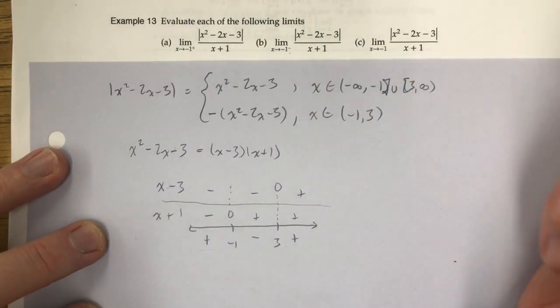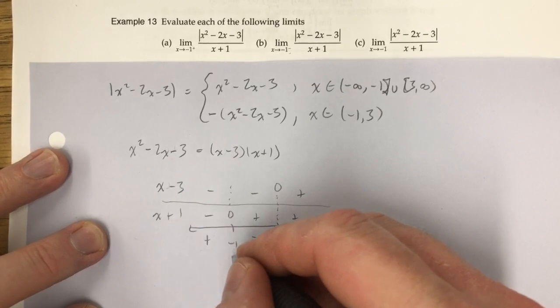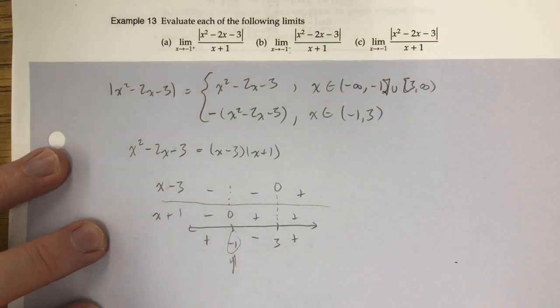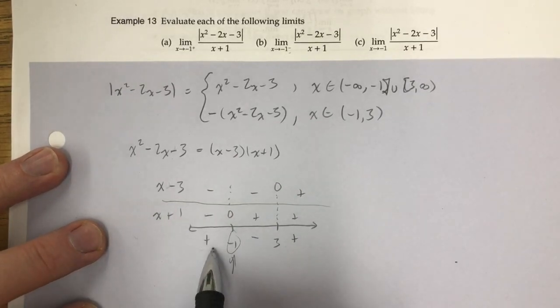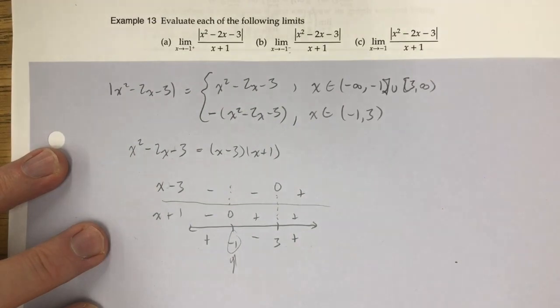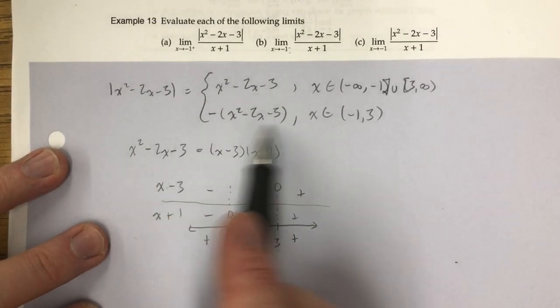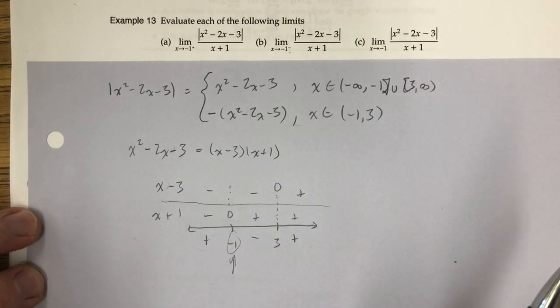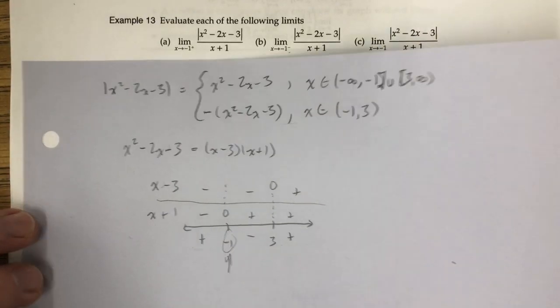Now we are really interested at this point right here. And what that means is that on the left-hand side, we don't have to do anything to our absolute value sign, but on the right-hand side, we have to take the negative.